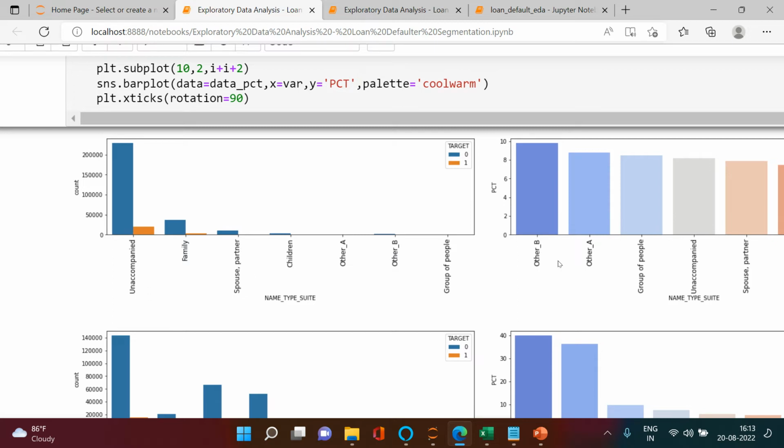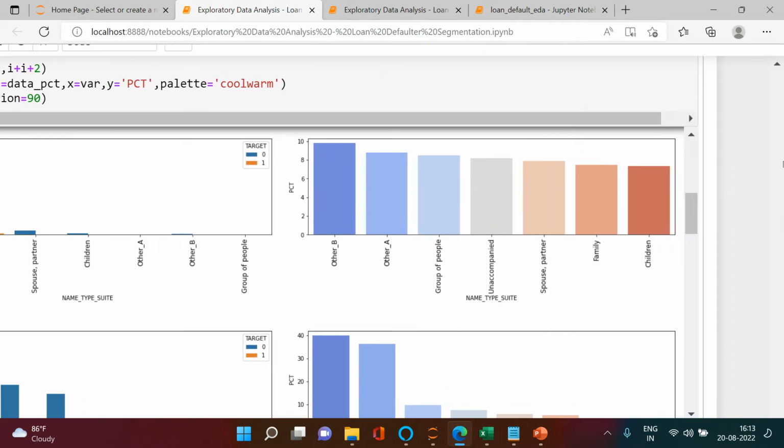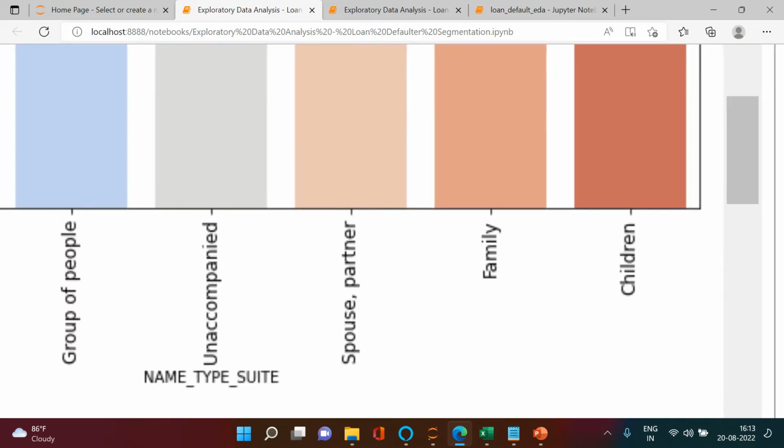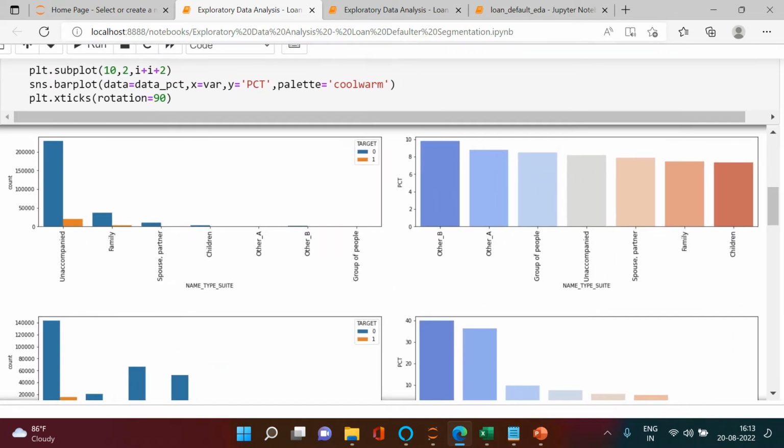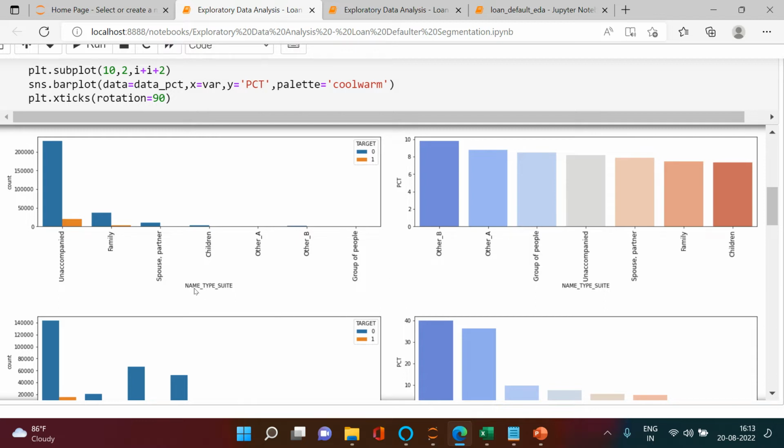And the other B category is something which is highly defaulted. So unaccompanied clients are taking most of the loans and the default rate is approximately 8%. The default rate for those who were with children at the time of taking the loan is the lowest, so those are the safest in this category.